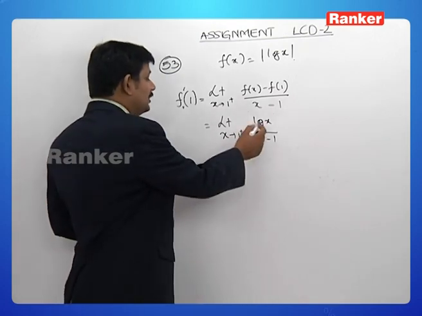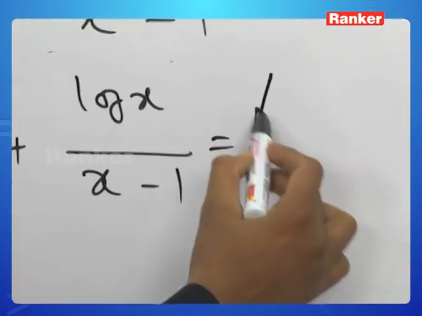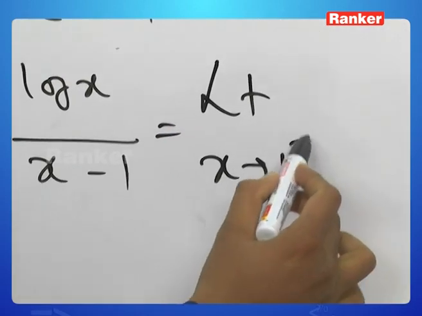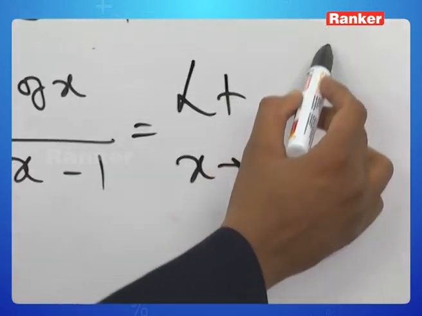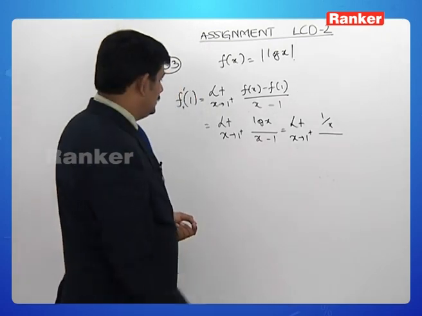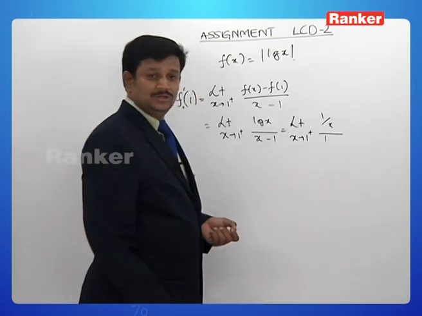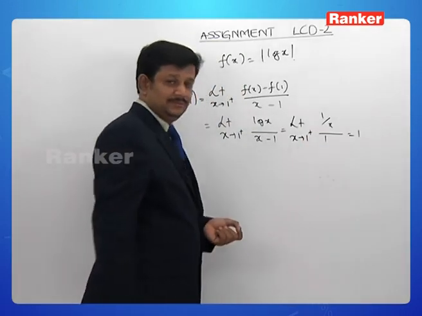To evaluate this limit, this is the 0 by 0 form. Let us apply L'Hospital rule. This limit will be equal to limit x tending to 1 plus, derivative of log x is 1 by x divided by derivative of x is 1. So this limit is equal to 1, as x tends to 1, 1 by x is 1.